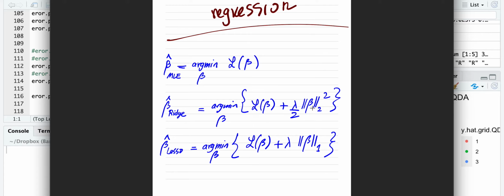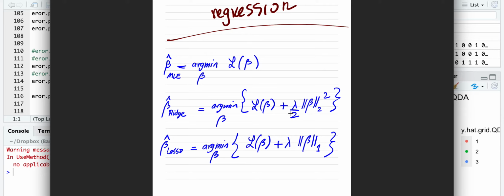Because if the L2 norm is large, that means the range of values that we are allowing beta to take is large. So we allow a larger class of models to fit the data. But if the L2 norm becomes smaller, that means the elements of beta are limited, and when they are limited, then the range of values they can take is also smaller, and therefore the space of possible models becomes more limited.